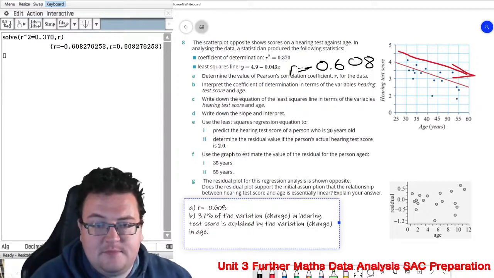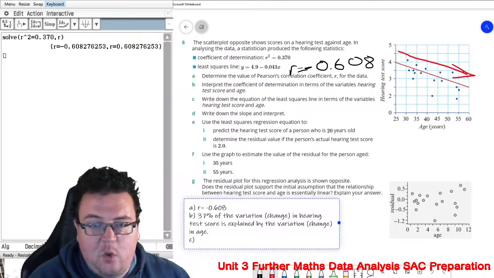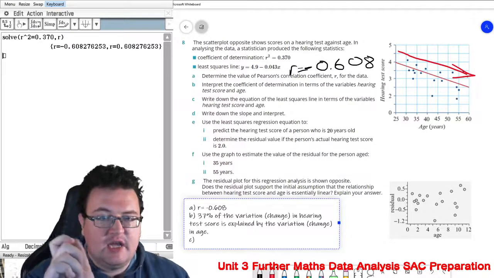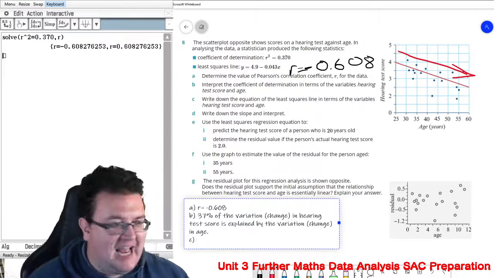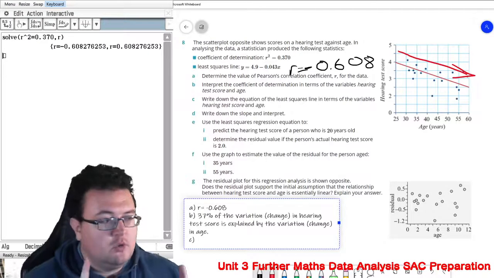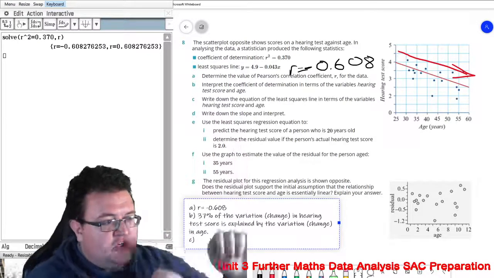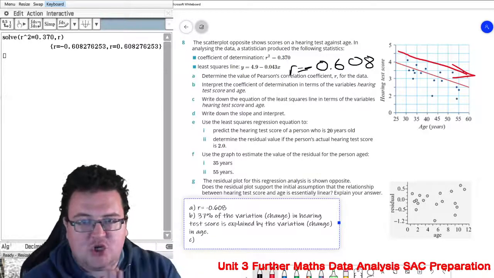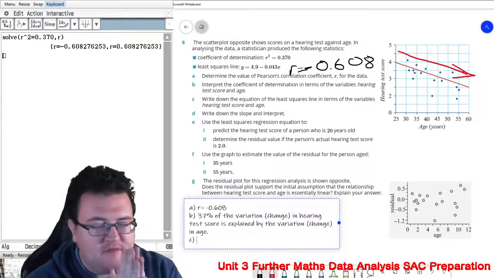So question C, write down the equation of the least squares line in terms of the variables hearing test score and age. Now, what you'll notice up there is the line is using Y and X. They want you to interpret in terms of the variables.